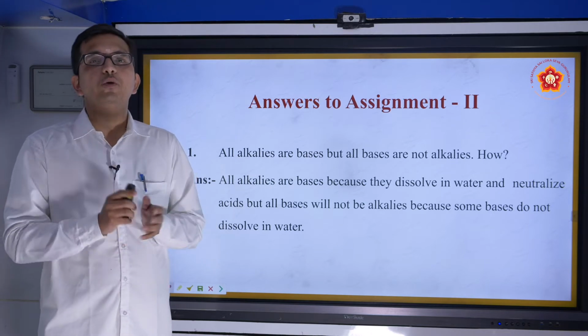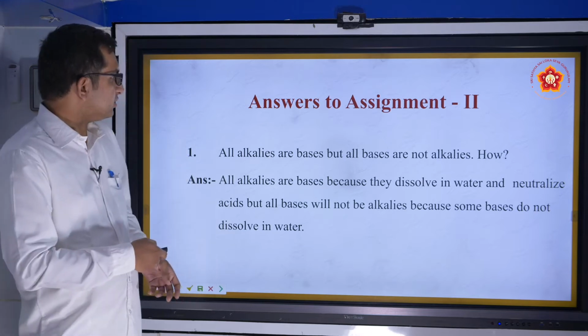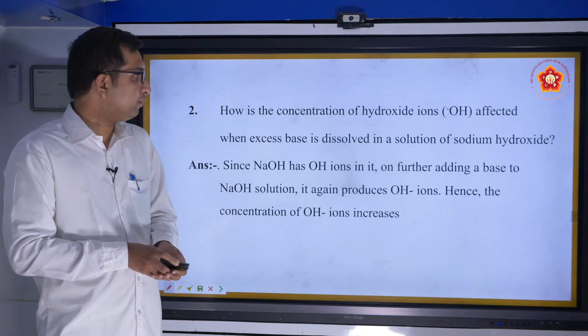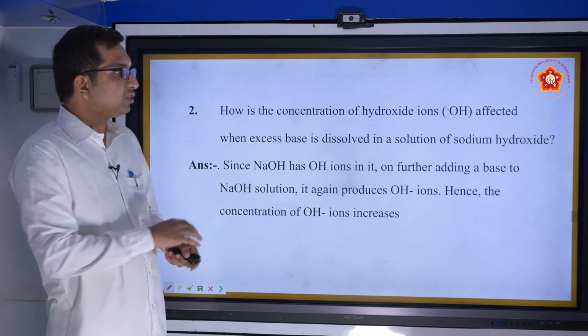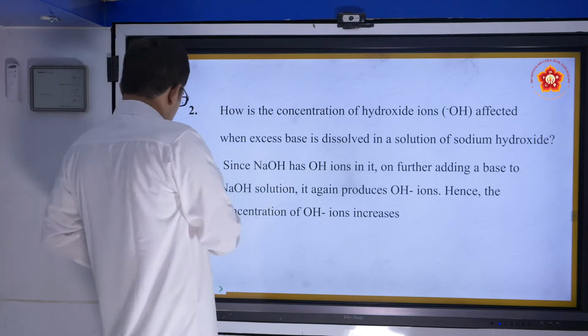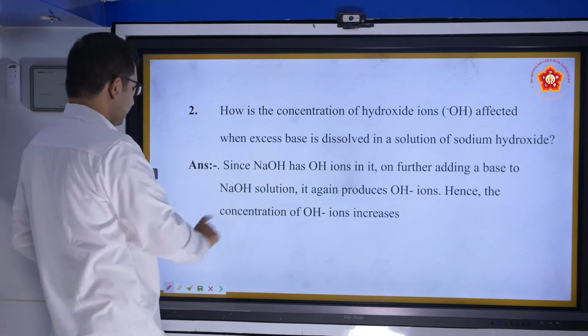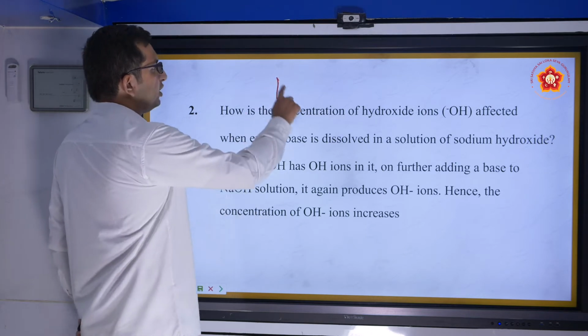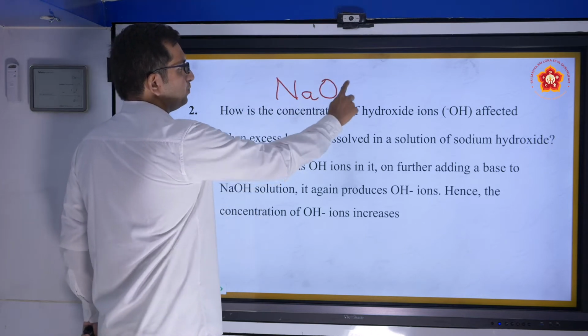The second question: how is the concentration of hydroxide ion affected when excess base is dissolved in the solution of sodium hydroxide? Please remember that when you consider sodium hydroxide solution, you already have NaOH.